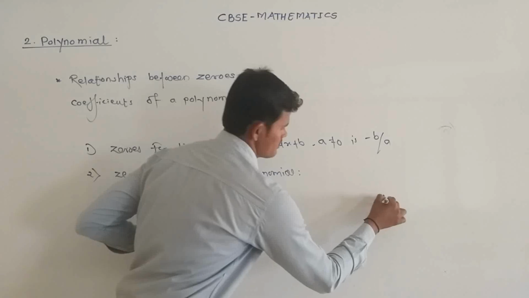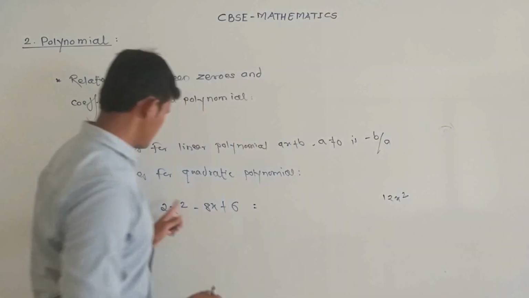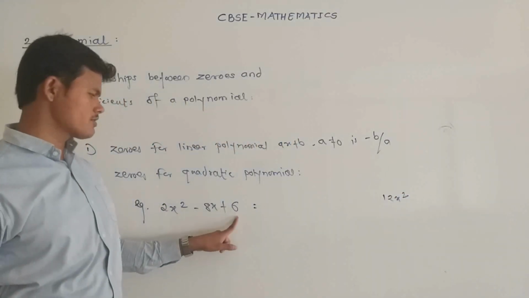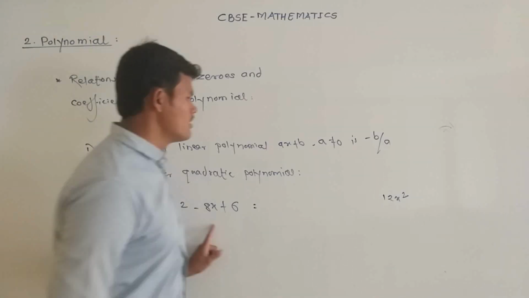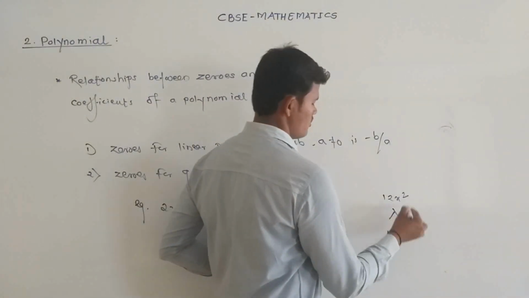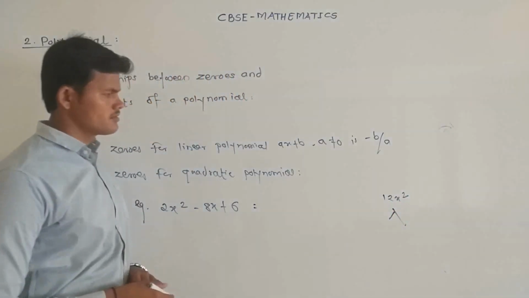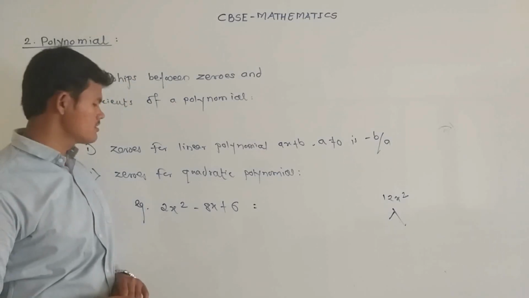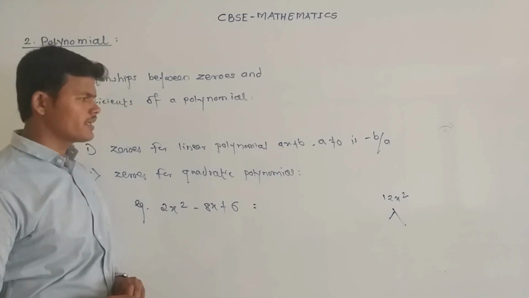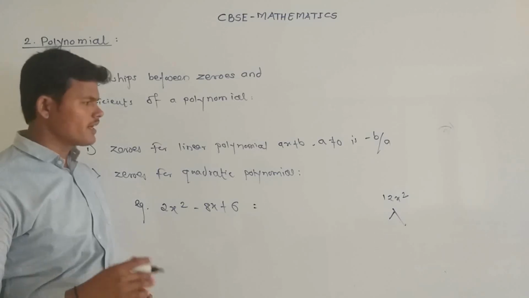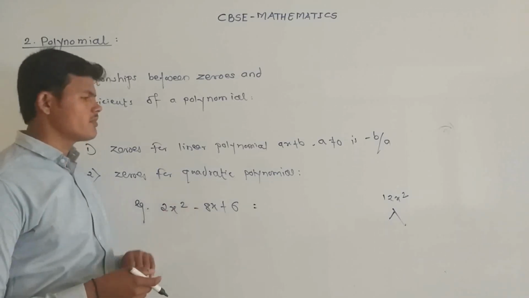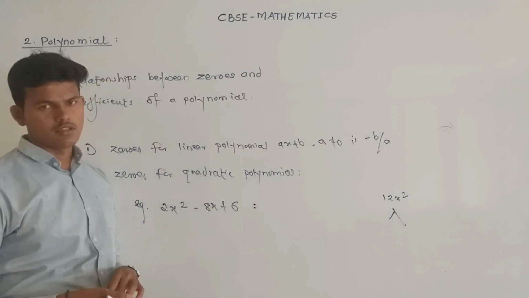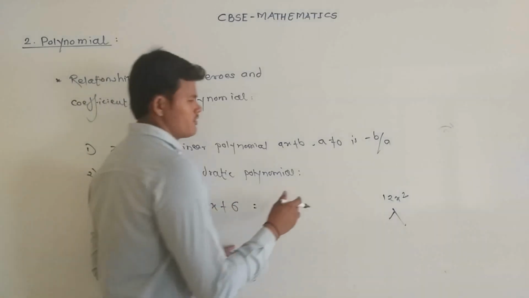So the product is 12x square, and the sum is minus 8x. So how do we find the factors of 12 whose sum is minus 8?